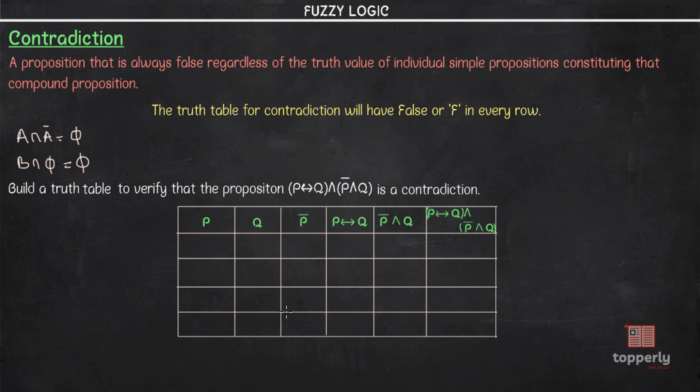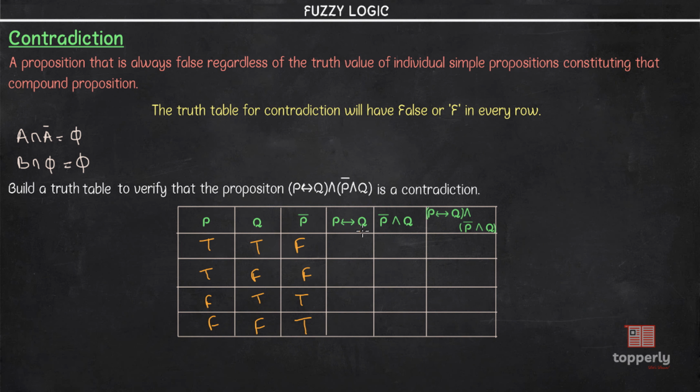In the truth table we have P, Q, P bar, P equivalent Q, P bar conjunction Q, and finally we have P equivalent Q conjunction P bar conjunction Q. So let's put the values as true, true, false and false. We have true, false, true and false. Now for P bar, the negation of true is false, false, negation of false is true and true.